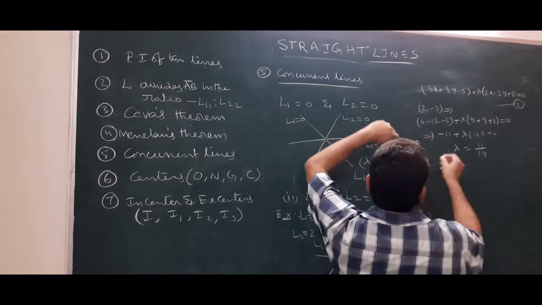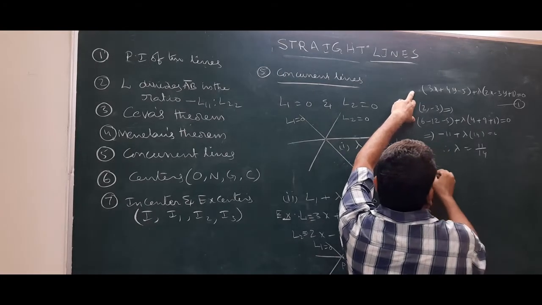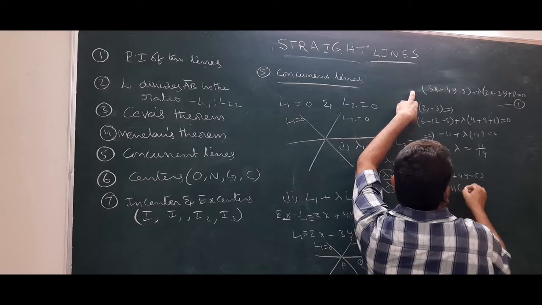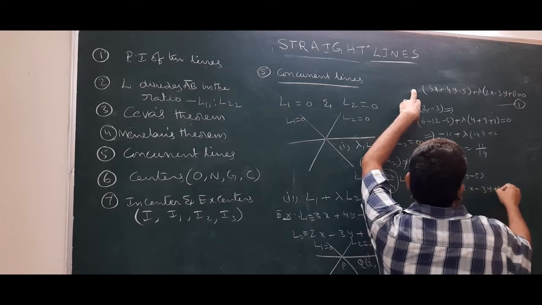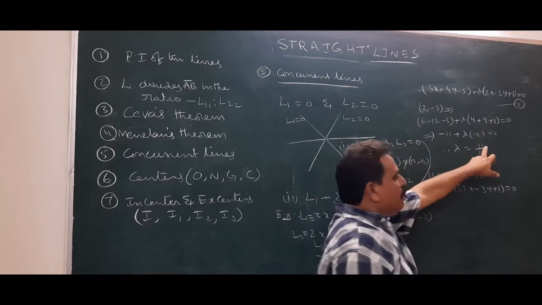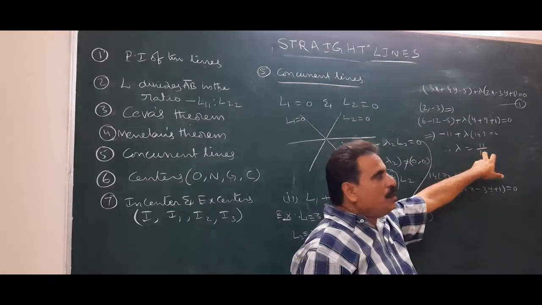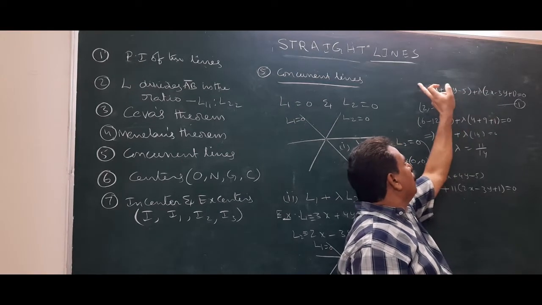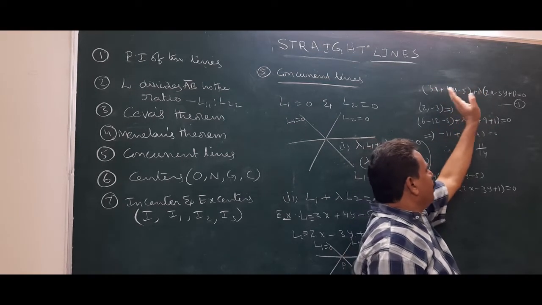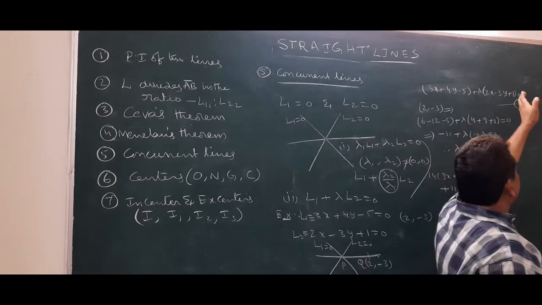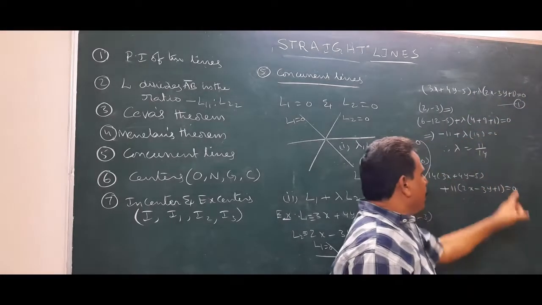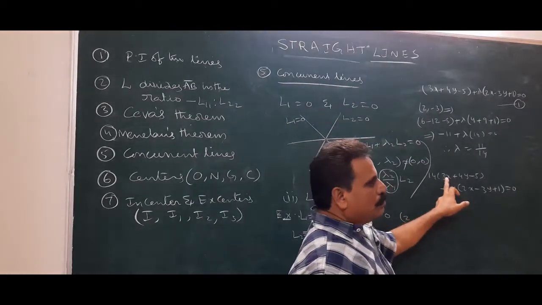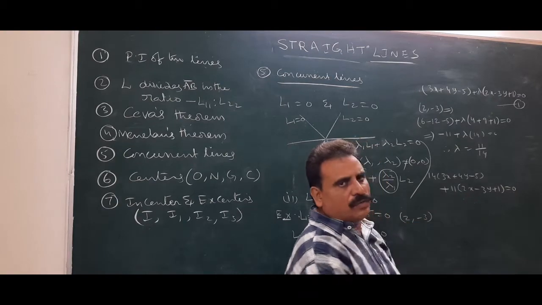After that, taking LCM 14, we get 14 into 3x plus 4y minus 5 plus 11 into 2x minus 3y plus 1 equal to 0. Simplifying, we get the line equation.